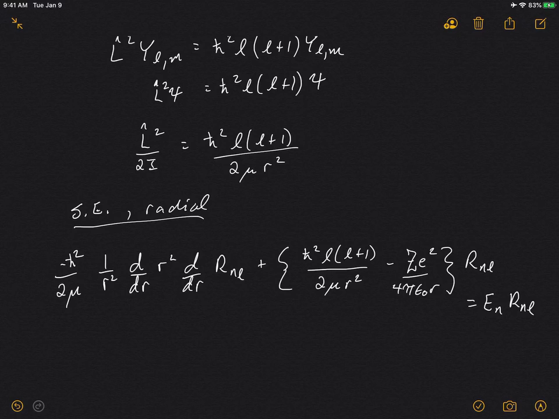Now, why did I call it R_nl and not just R? It's because there's maybe a little bit of foreshadowing there, in that it turns out that the functional form of R depends on two things: the principal quantum number n, which we can infer is some quantum number because all of our other systems so far have had some quantum number.